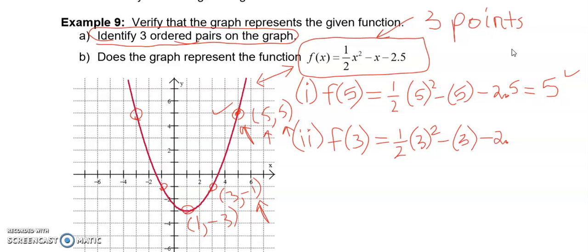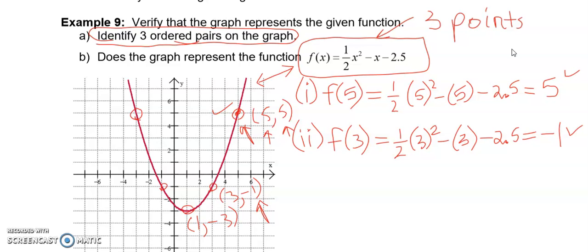So you type all of that into your calculator carefully. And if you do so and work it out, look at what happens. Bam, -1. You do get back the expected y value. So that point right there seems to justify saying that the function and the graph are one and the same.